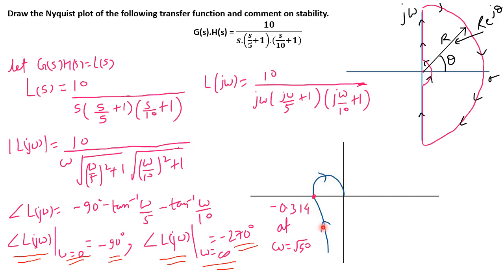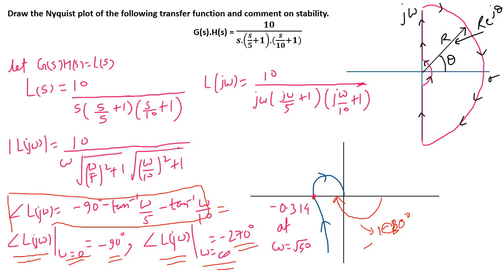Again, you can find this point. This angle is minus 180 degrees, so this point is at phase crossover. How you can find it is by equating the angle to minus 180 degrees.